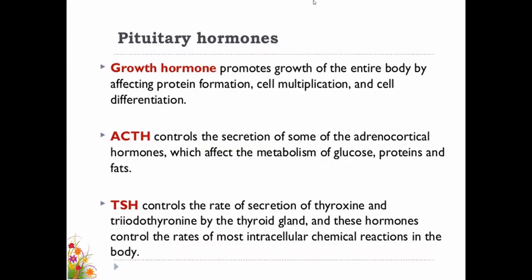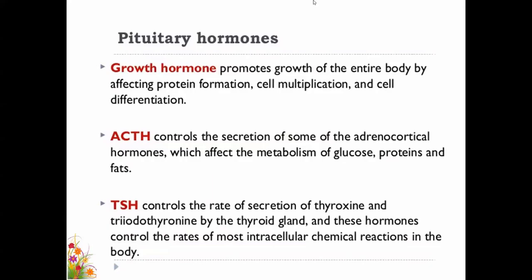TSH, obvious in the word, thyroid stimulating hormone. It controls the secretion of thyroxine and also triiodothyronine by the thyroid gland. It will stimulate the thyroid gland and control the rate of secretion of two hormones, thyroxine and triiodothyronine.